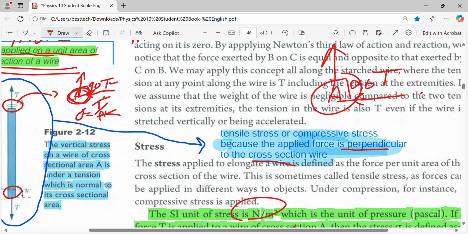That's why it's called perpendicular tensile stress. So guys, if the angle between the force and the cross-section area is 90 degrees, it is tensile stress or compressive stress.